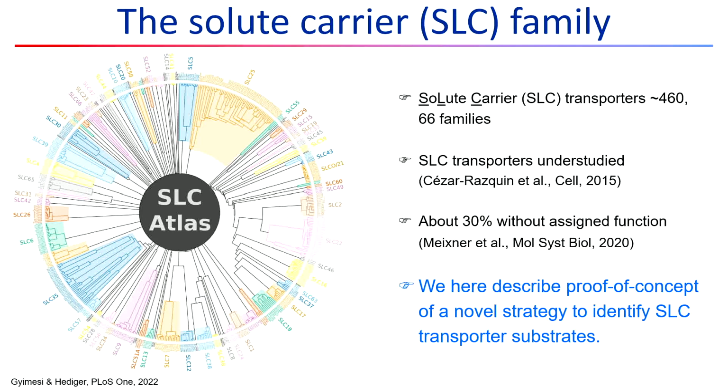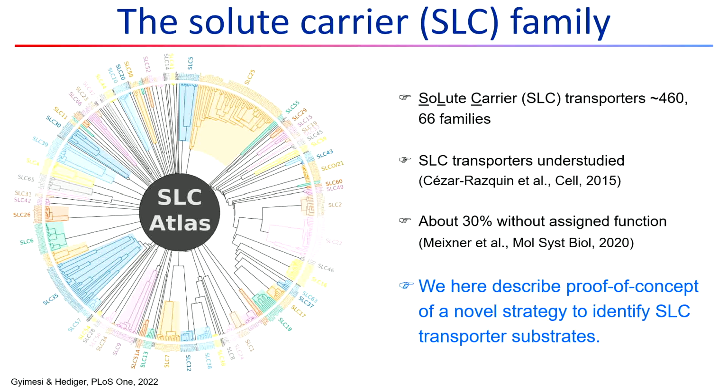And that was the reason why we tried to develop a novel strategy to identify SLC transporter substrates, and I will give you what we have done and describe proof of concept that is working to identify novel SLC transporter substrates.